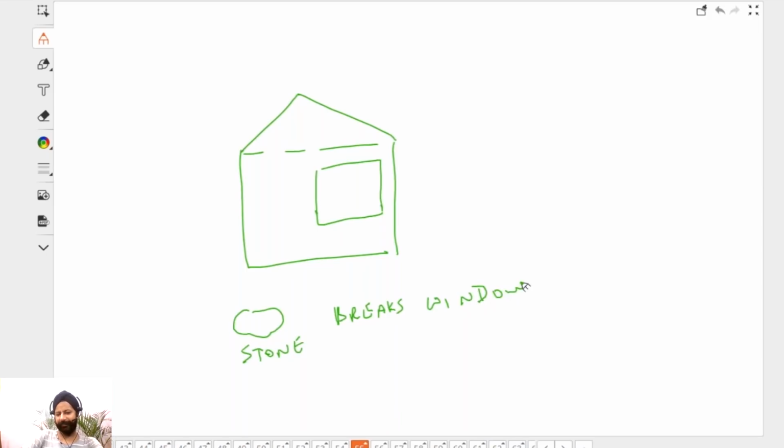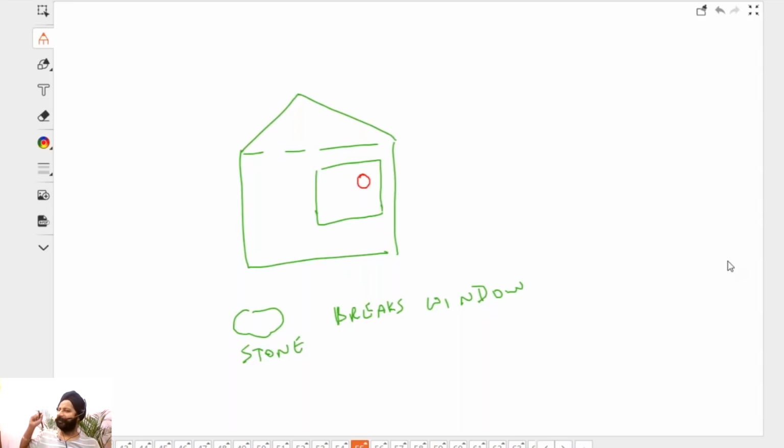Now let's take a bullet, like a gun, and fire on the window. What happens when the gun bullet hits the window? From intuition, common sense, or seeing somewhere. Abhinaya says it does not break the window, it leaves a small hole there. Like Sai Kumar and Shreya are also saying, maybe it cracks it a little, but it doesn't break it.